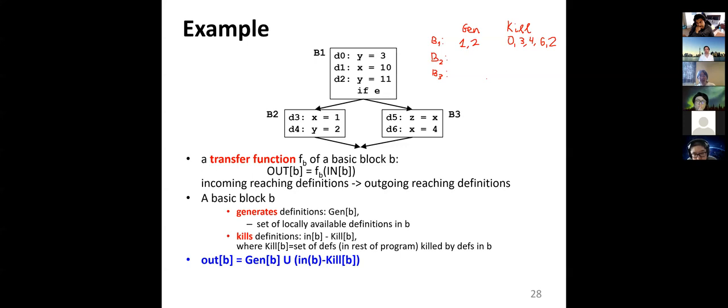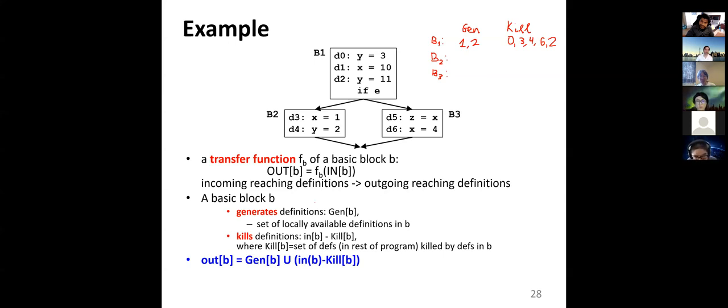And the gen set has 1 and 2. That's not a problem that something can be in both the gen and kill set, because the way it's used is gen union input minus kill set. But remember, we shouldn't miss anything in the kill set because it might be required to properly be removed from the input set.